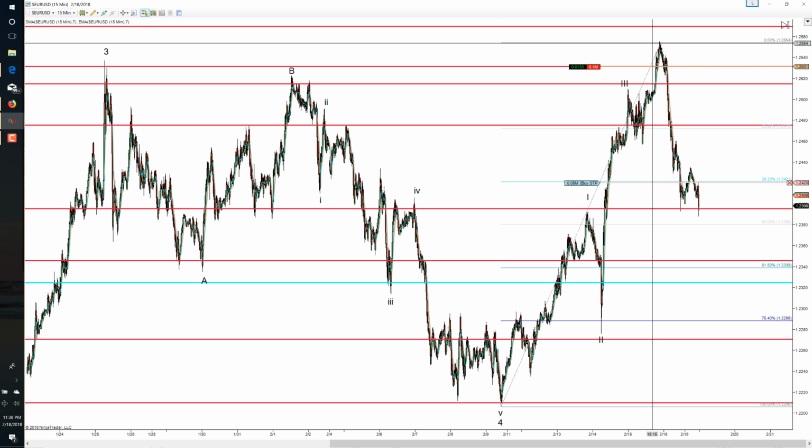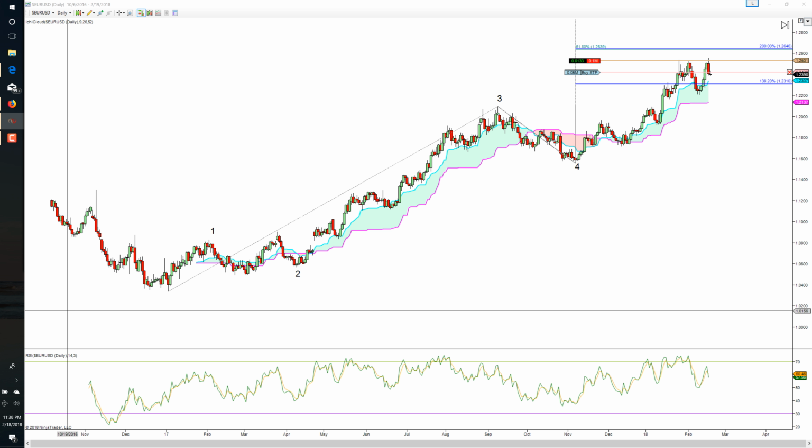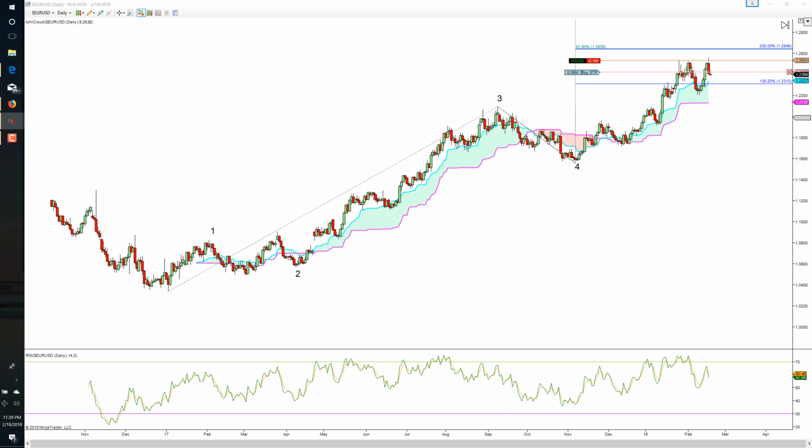Looking at it this way, you would be saying that wave 4 is complete, and now you're going to see a very large move to the downside, at which the dollar should get strong.